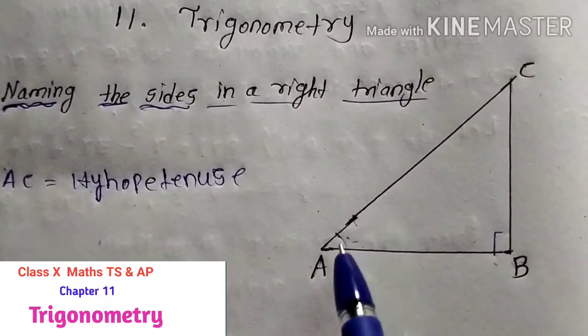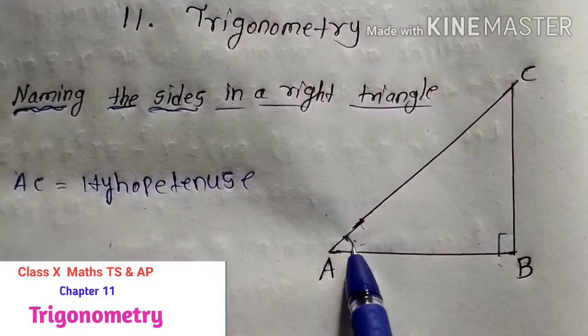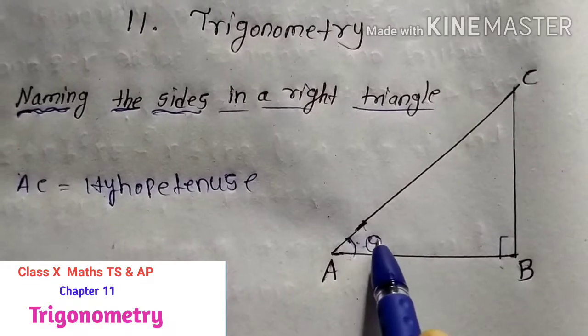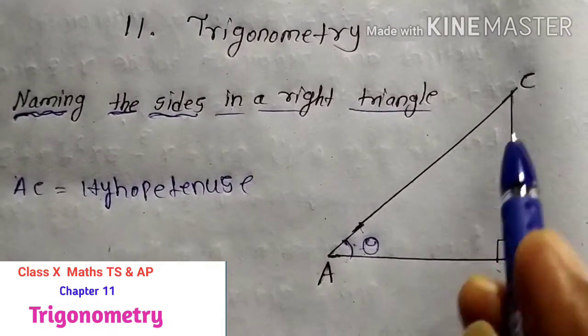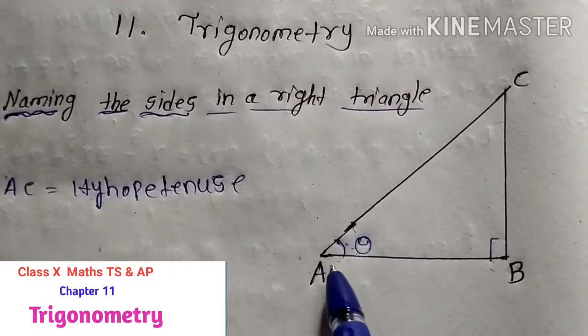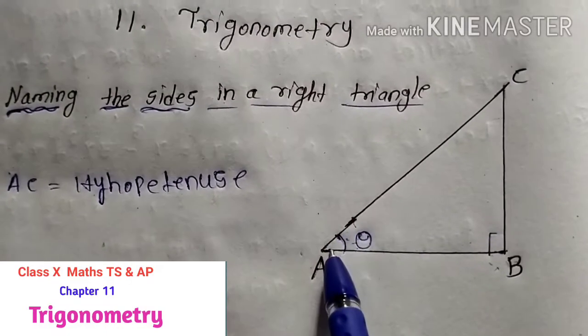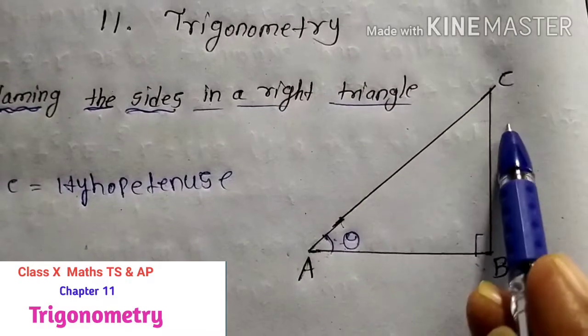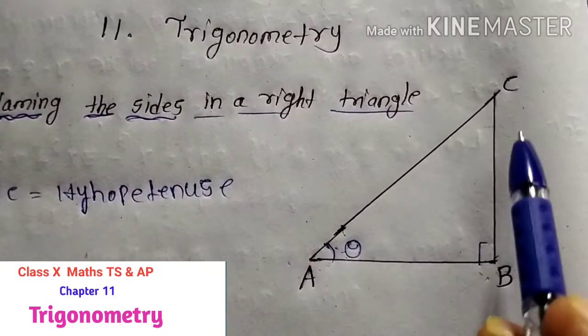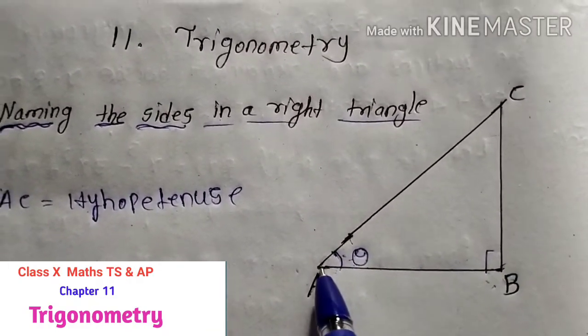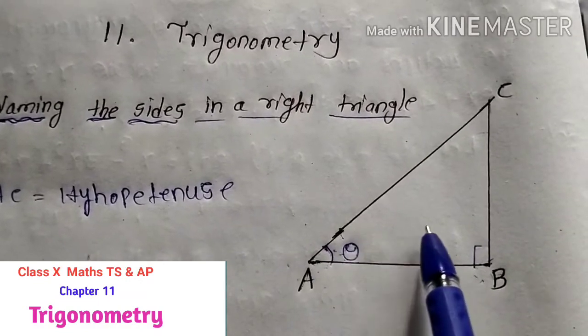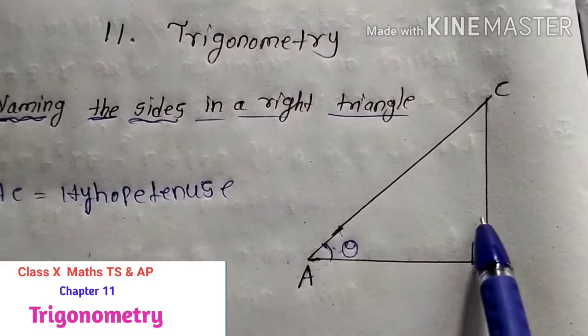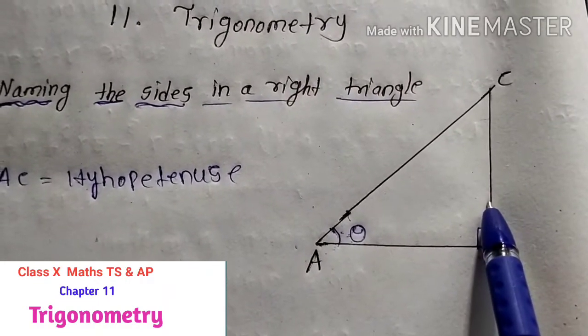Now you can consider here angle theta or angle A. See here, this angle is made by AC with the side AB. Observe the position of BC. What is the position of BC with respect to angle A? Which is exactly opposite or not? Yes.